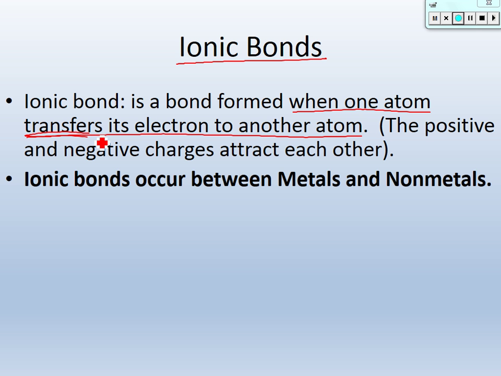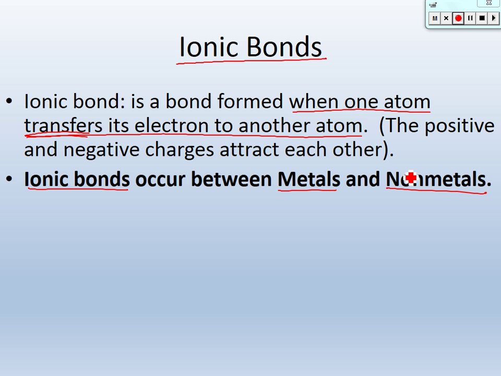Ionic bonds occur between a metal and a nonmetal. So we've got to have a metal, and the other one's got to be a nonmetal. If you look at your periodic table, in order to get an ionic bond, we need something below the staircase. Metals are found below the staircase, and we need an element above the staircase.